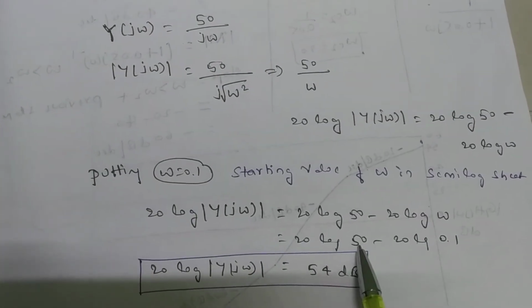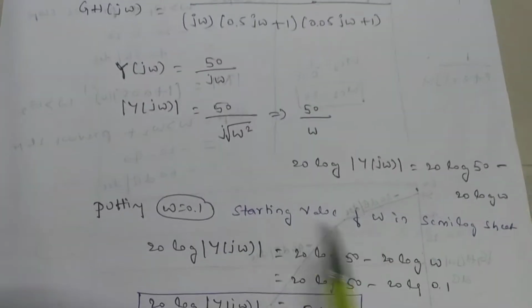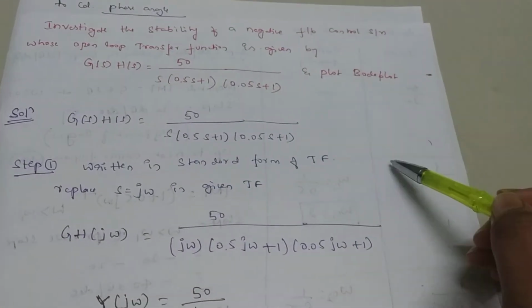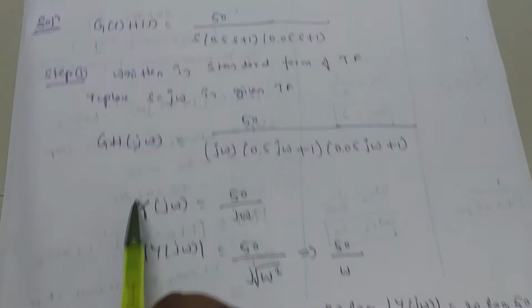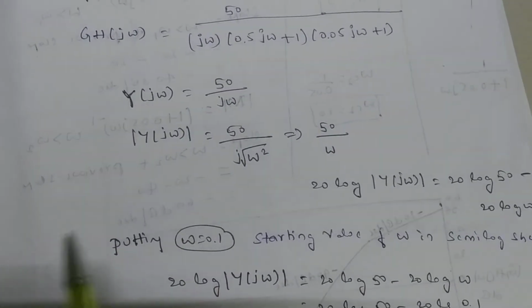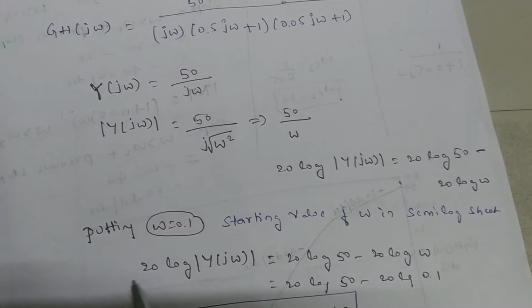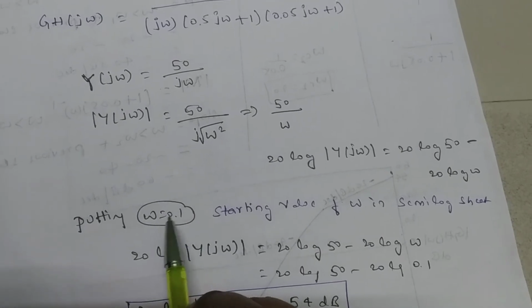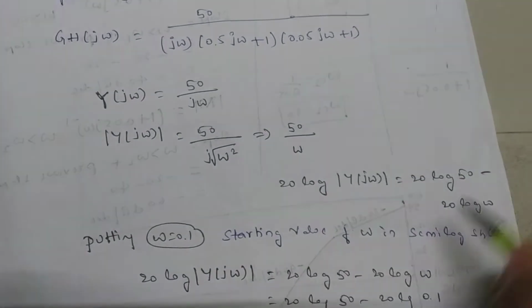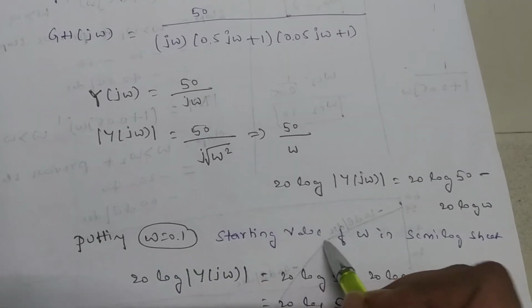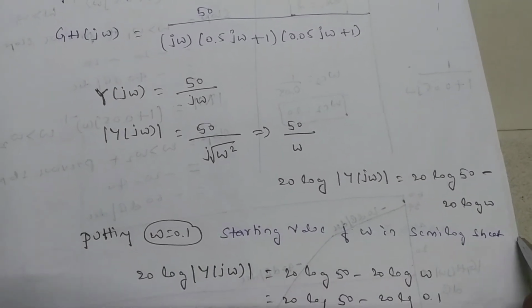In a Bode plot we should take omega equal to 0.1, because in the semi-log sheet the first point should be at 0.1. So omega equal to 0.1 is the starting value of omega in the semi-log sheet.